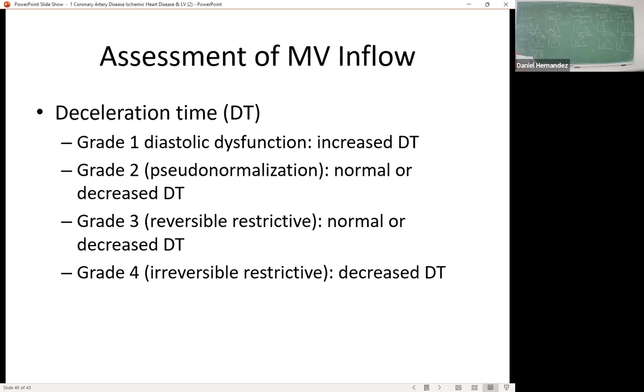They're going to create a ratio of E to E prime. They're going to take your maximum velocity on your E wave and your maximum velocity on your E prime wave and do an E over E prime ratio.